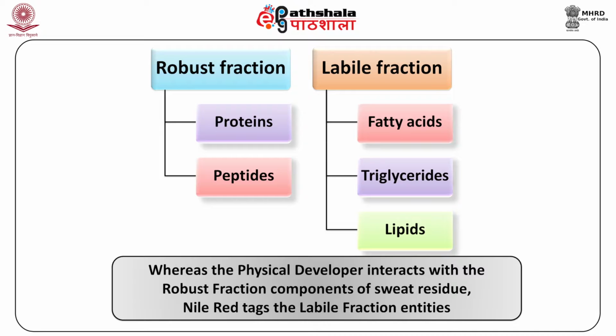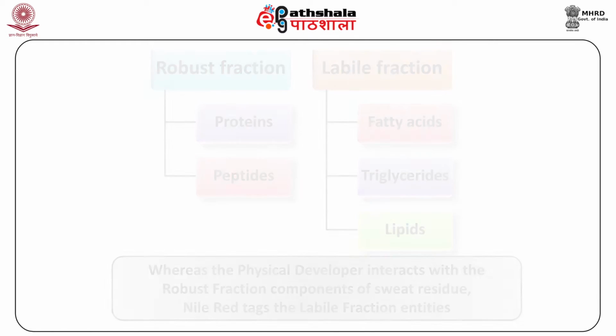Number 1, the robust fraction, which includes proteins and peptides, and number 2, the labile fraction, which includes fatty acids, triglycerides and lipids. Whereas the physical developer interacts with the robust fraction components of sweat residue, Nile Red tags the labile fraction entities.